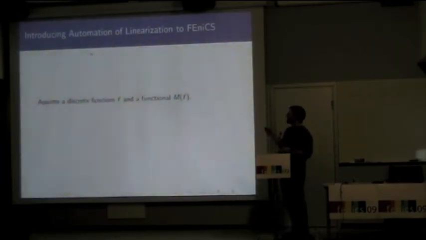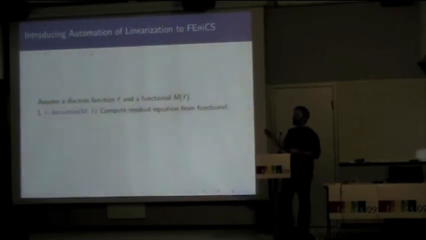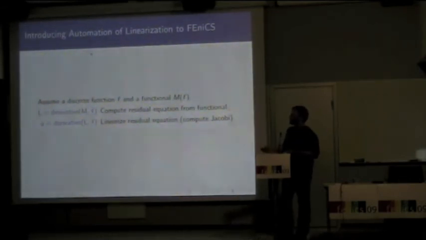If you have a discrete function f and a functional m, and you want to minimize this functional, then you can compute the residual equation, or the gradient of this functional, with just one line. And then you can compute the Jacobian matrix of this equation with just one line.